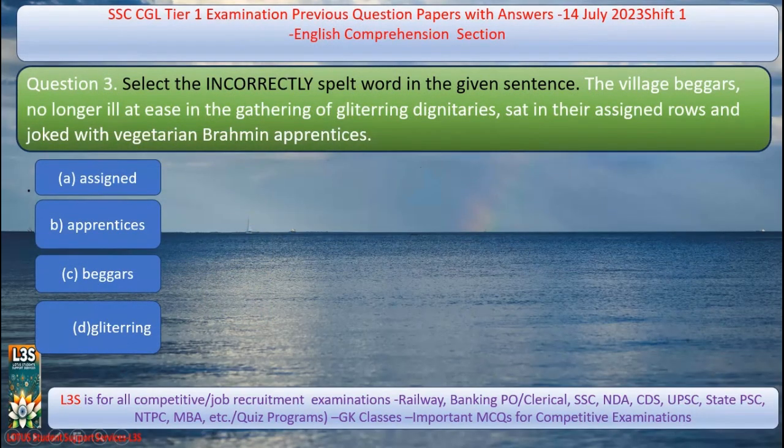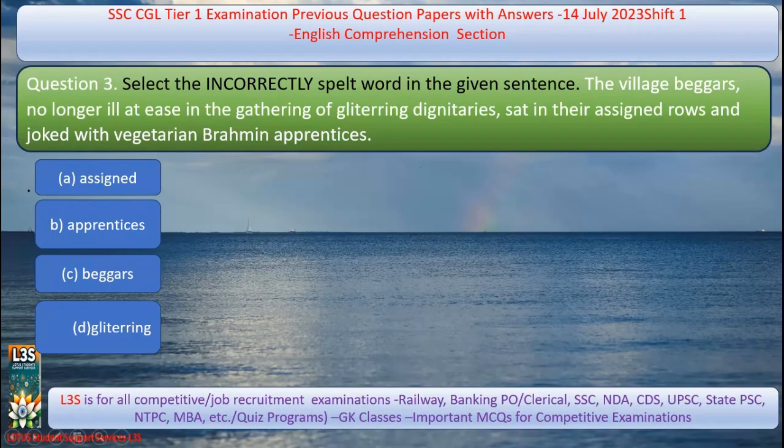Next question, select the incorrectly spelled word in the given sentence. The village beggars no longer ill at ease in the gathering of glittering dignitaries sat in their assigned rows and joked with vegetarian Brahmin apprentice. So which word is incorrectly spelled here?